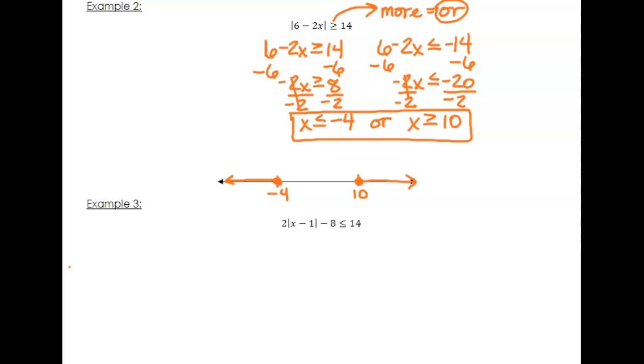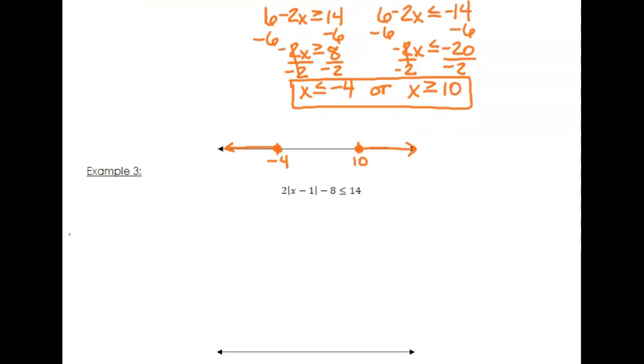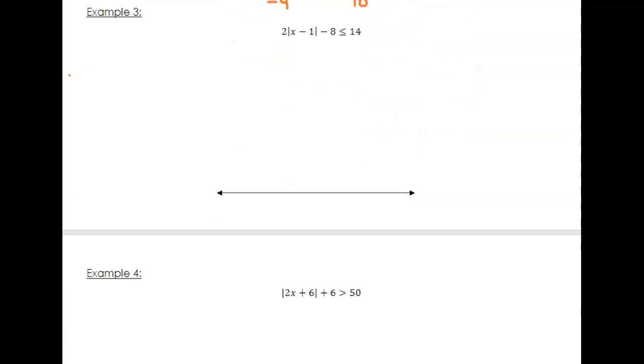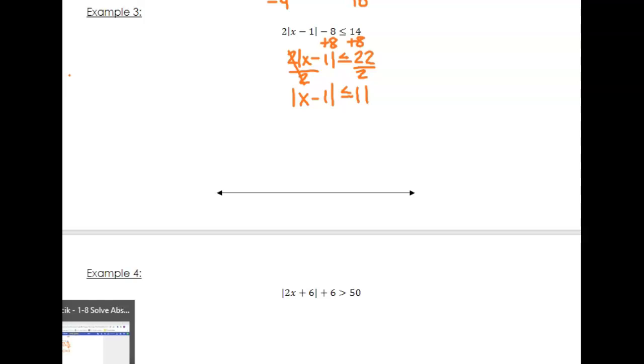I'm going to let you try example 3 on your own, but I will give you the answer to it so that you can check your work. Pause the video and try example 3. Remember that you have to have the absolute value isolated on the left side before you can split into two inequalities. So we have to add 8.